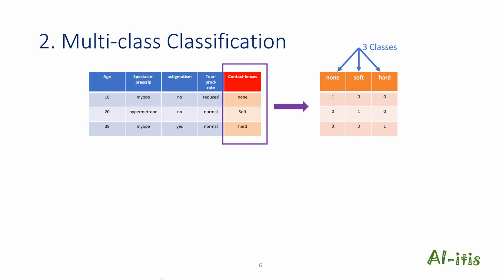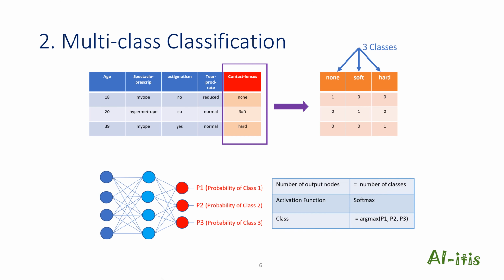Because the number of classes is more than 2, and we should prescribe only one lens for each patient, our task is a multi-class classification problem. Basically, if our task is a multi-class classification, the number of output nodes should always be equal to the number of classes, which for this example should be 3.